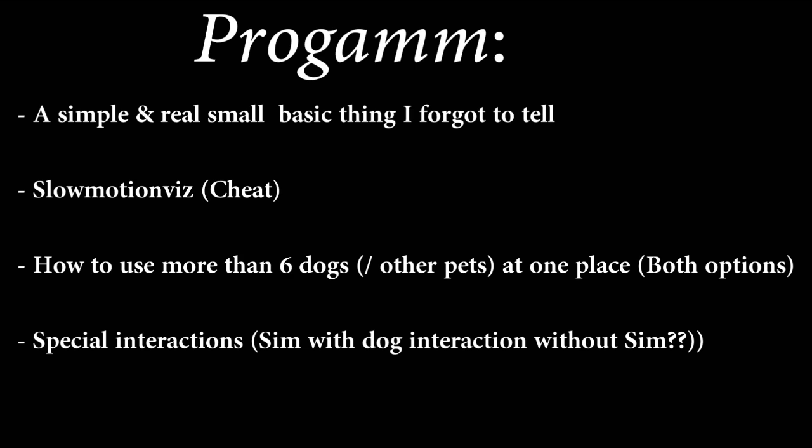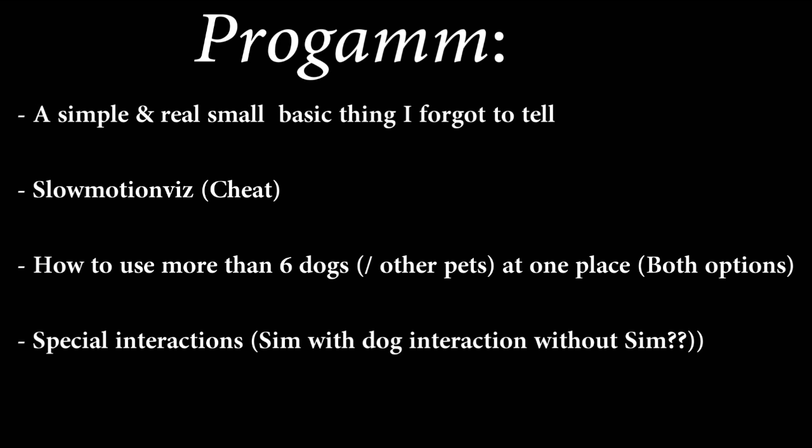So for the program of today, what are we going to teach you? There's a simple and really small basic thing that I forgot to tell, so I will do that first. We're going to explain how to work with slow motion viz, because it's a certain cheat and it could be really helpful when you're recording in Sims 3.